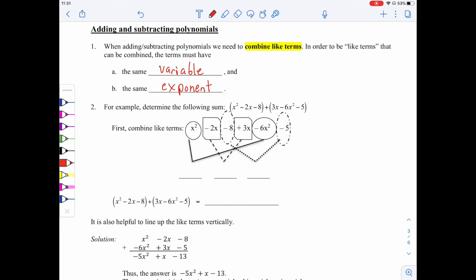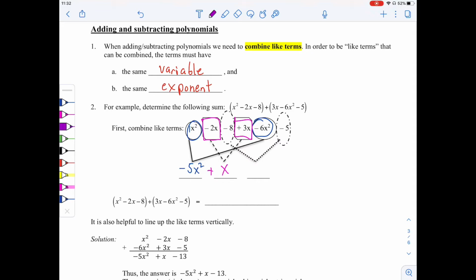We combine like terms. Here's an example. Our x squared and negative 6x squared have the same variable, same exponent. They both have x squareds, right? So we got 1 here, minus 6 is negative 5. So negative 5x squared. Then we go to our x's, negative 2x, positive 3x, add that together. That's 1x, so that's a positive x.